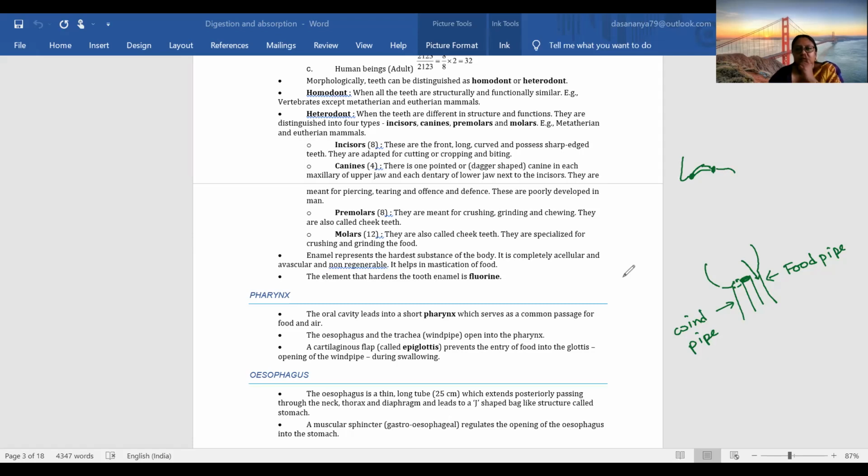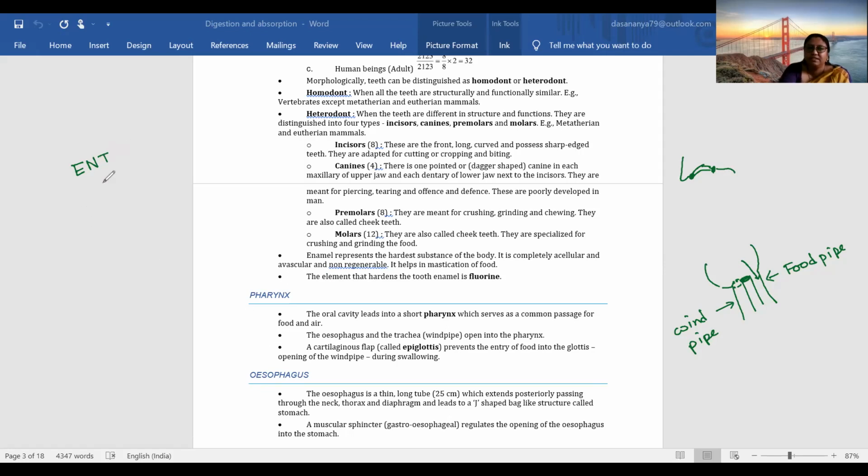So that's why ear, nose and throat is dealt with by a single doctor, and they are called ENT specialists. Because in our ear also there is one small tube called the eustachian tube, which is releasing the extra air pressure into the pharynx.